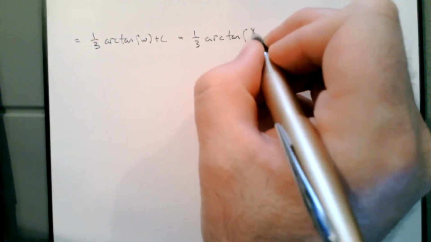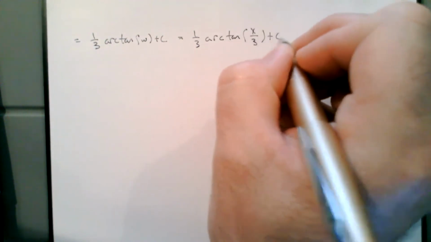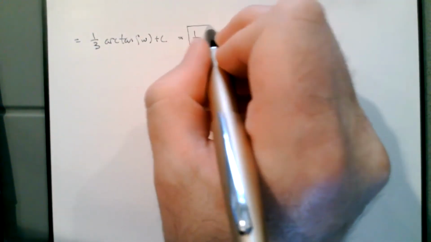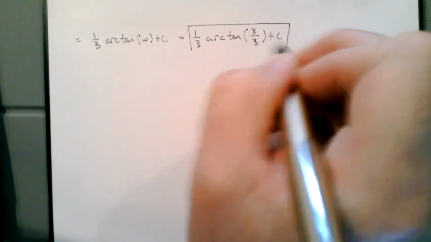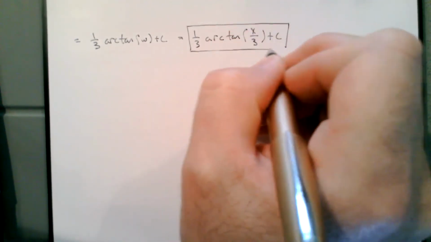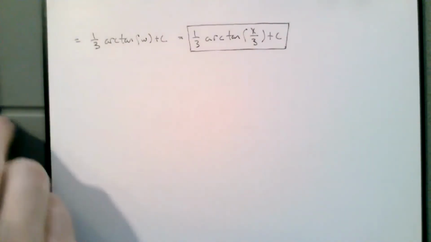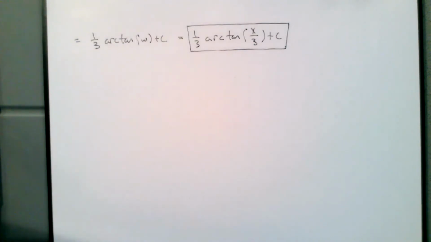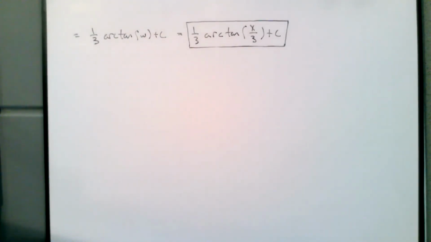So I have 1/3 arctangent x over 3 plus c. So by changing the +1 to a +9, I ended up with a 1/3 coefficient and an arctangent of x over 3.